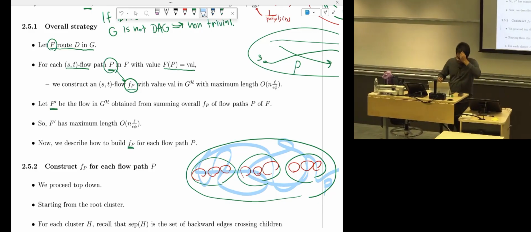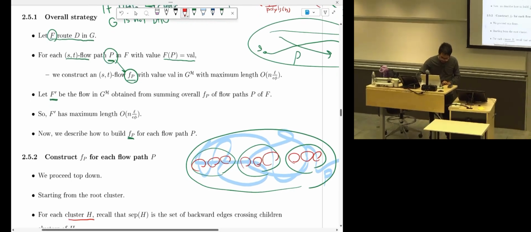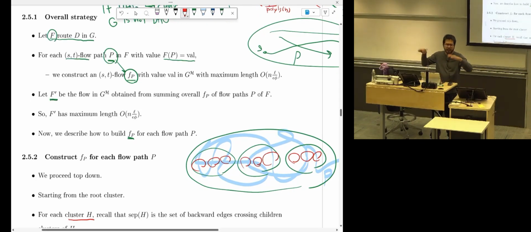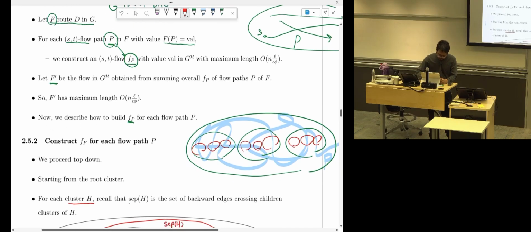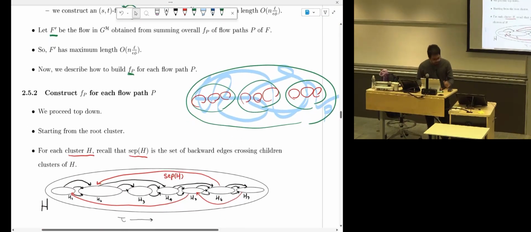Let's say that we have modified so far, and now we are at cluster H. Let's recall that the separator of H is a set of backward edges crossing the children, like this.